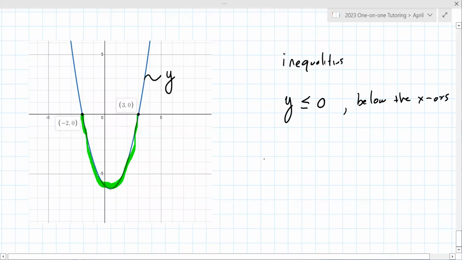What is the x value that bounds it on the left? Negative 2, 0. It's just the x value. Oh, okay, negative 2. And how about on the right? What is it bound by? 3. So would you agree that y is less than 0 when x is between -2 and 3?